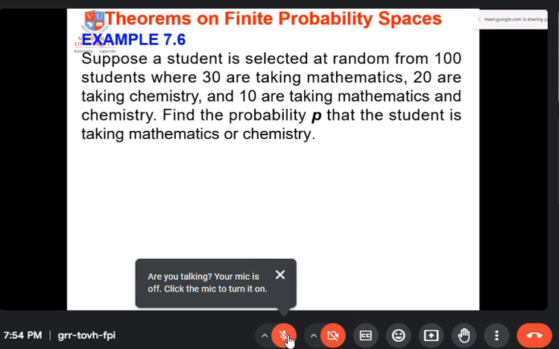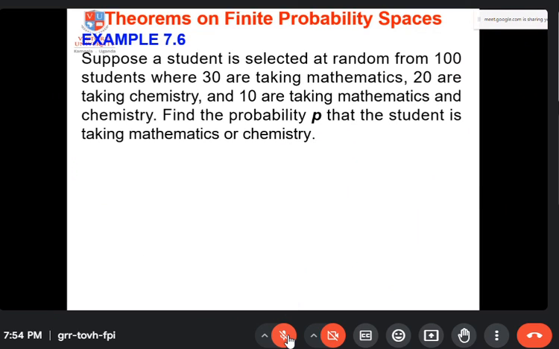Let us look at this example here. Suppose a student is selected at random from 100 students, where 30 are taking mathematics, 20 are taking chemistry, and 10 are taking mathematics and chemistry. Find the probability P that the student is taking mathematics or chemistry.